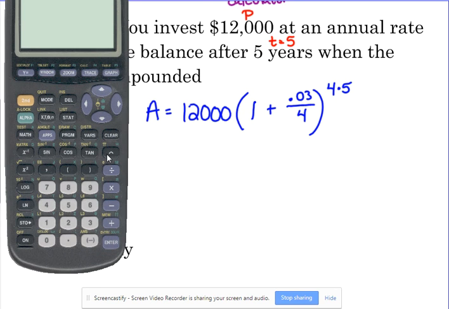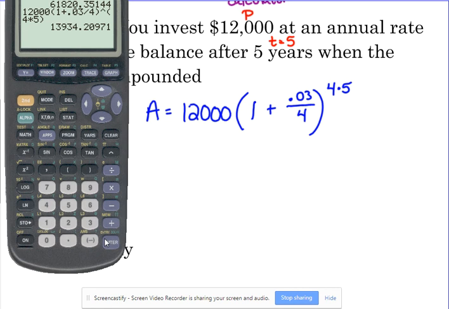Okay, exponent. My suggestion is if it's something easy like 4 times 5, just do it in your head. Okay, 20. Because if you just type it in like that, with no parentheses, that is not the correct answer. This is the correct answer if you put parentheses around it. Very different numbers there, very different amounts, especially when you're talking about money.